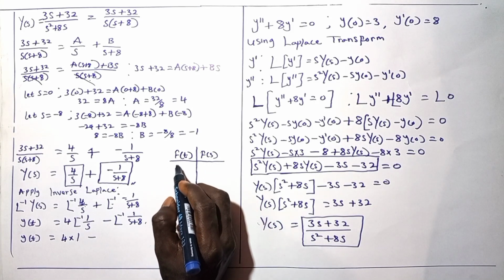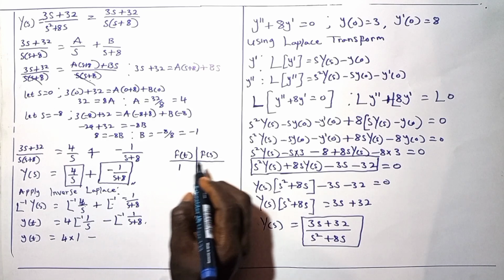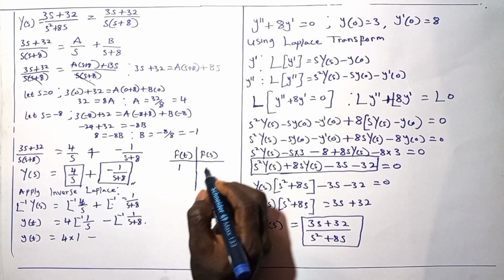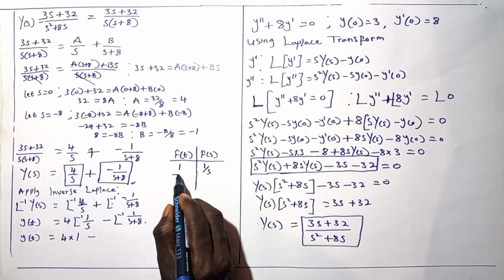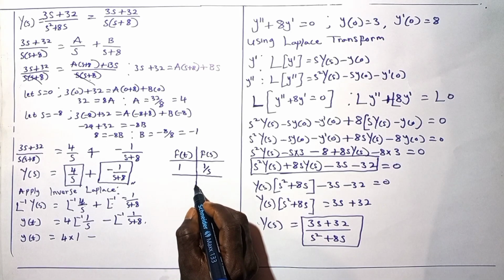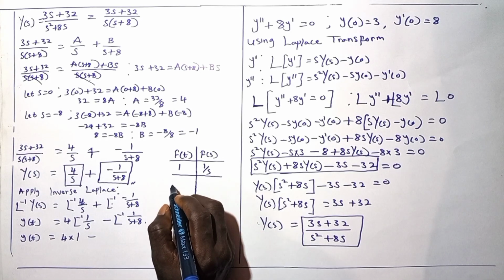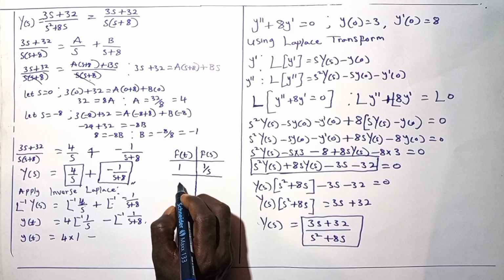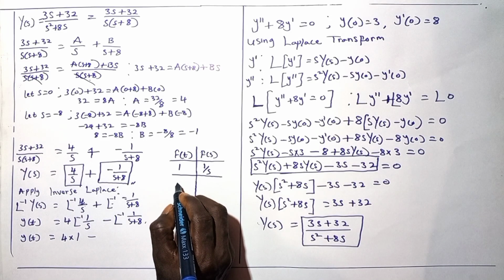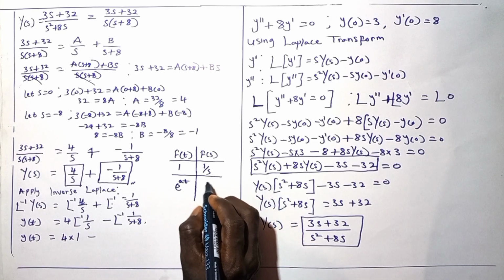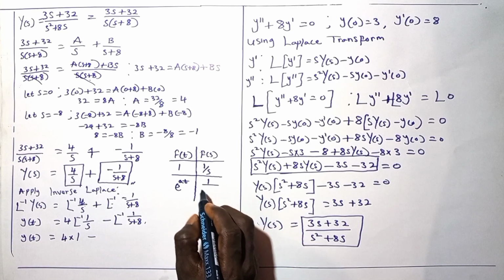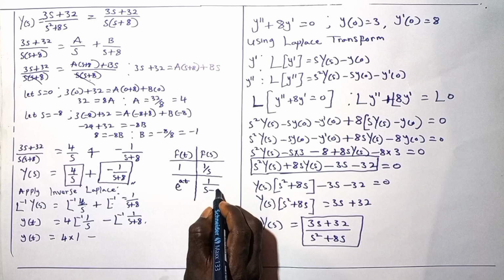When we take the Laplace of 1, it will give us 1 over s. Then we also have the exponential function e to the at. This will give us 1 over s minus a.